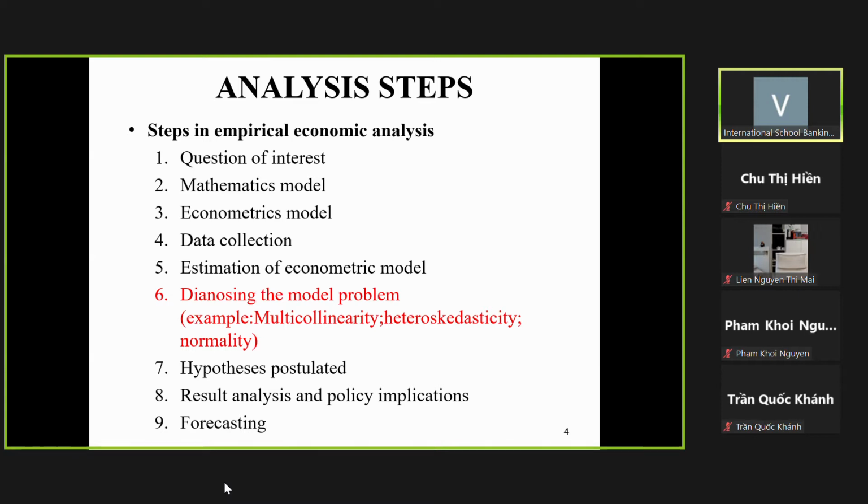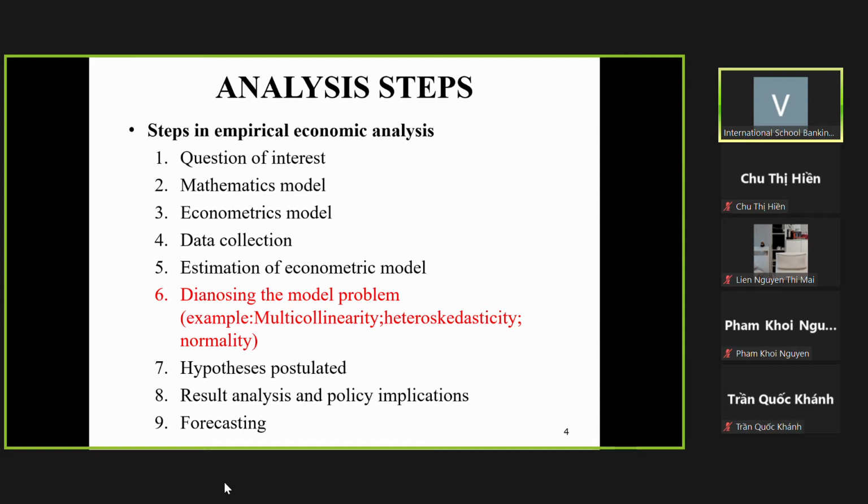When we finish any step, I will come back to this slide and say, okay, we already finished this step. So when we finish all the steps, that means we finish the course. And when you do the assignment, you need to follow the steps so that you have no mistake when you do the assignment.